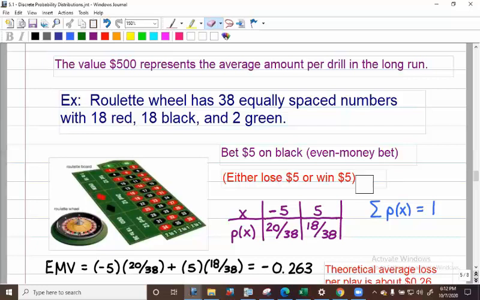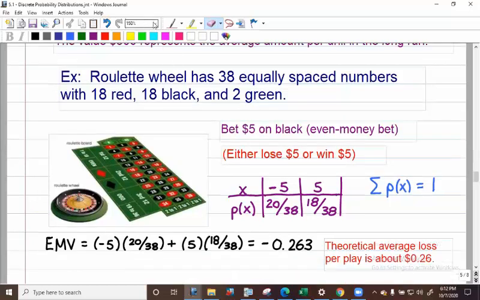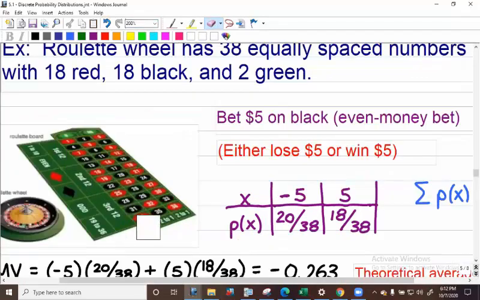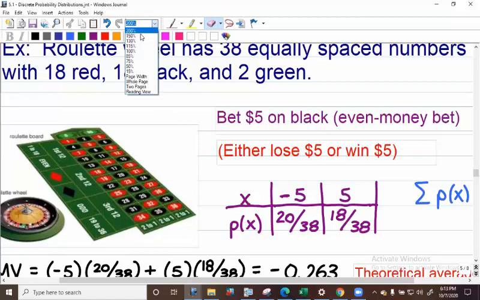Here's an example: if you bet on any of these 3 columns, those pay 2 to 1. So if you put a $5 chip there, they add 2 $5 chips if you hit it, and you would have profited $10.